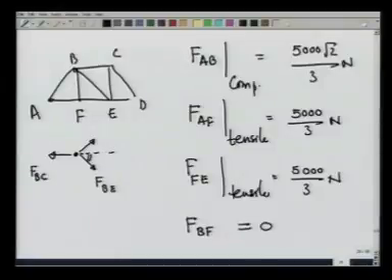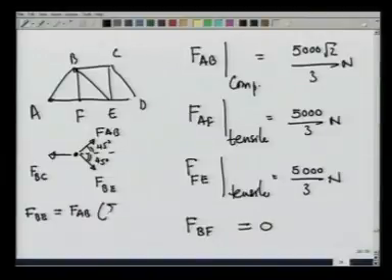These are at 45 degrees each. Right away you see that FBE must be equal to FAB. This comes from summation Fy equal to 0, and therefore FBE, and the direction also comes out to be right, should be equal to 5000 over 3 newtons.